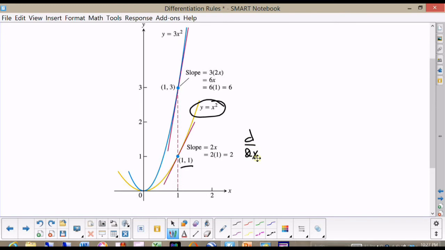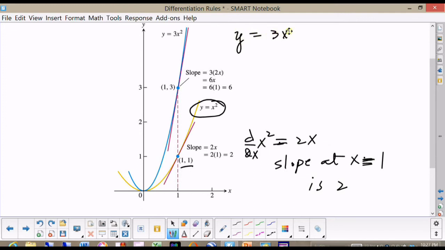d/dx of x squared is equal to 2x, and the slope at x equals 1 is 2. Then let's look at the function y equals 3x squared. d/dx of y, which equals d/dx of 3x squared, is equal to 6x.